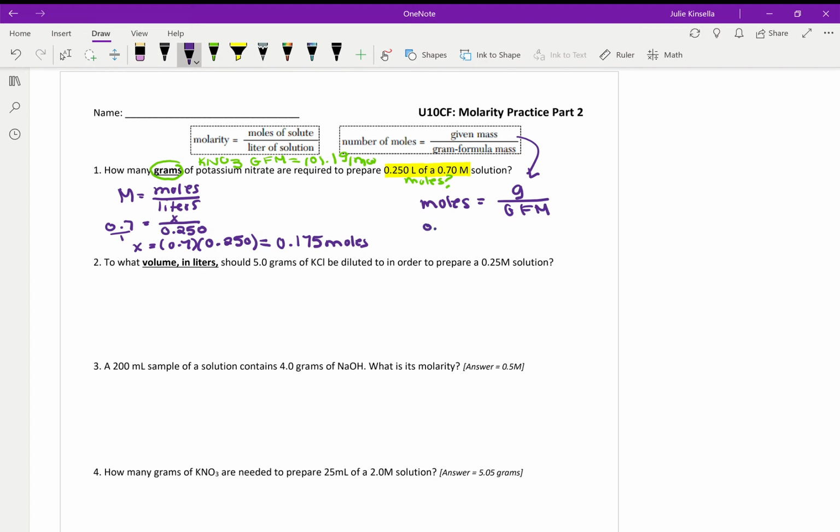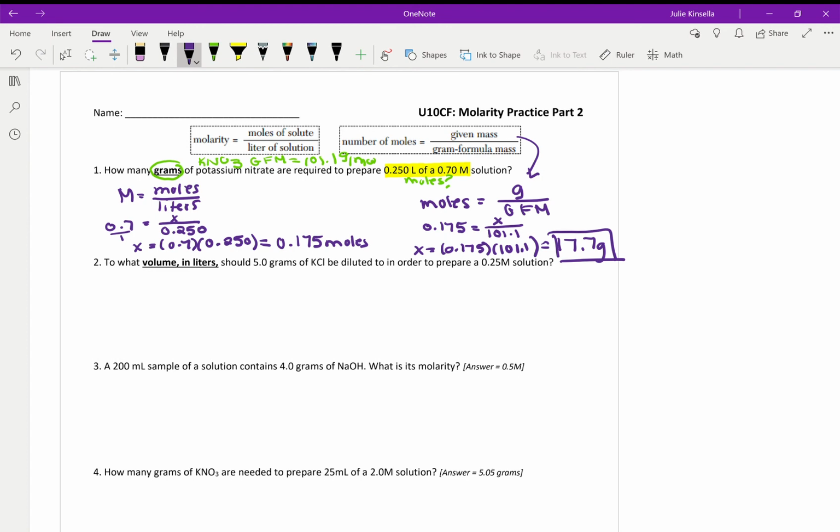So in this one, I have 0.175 moles. X is the number of grams I'm looking for, and then I told you we're using a GFM from the periodic table of 101.1. So X would just be cross multiplying those two. And when you do that, I'm just going to round off to the tenths here. I get 17.7 grams.